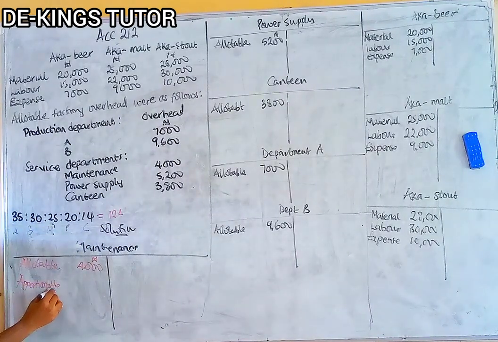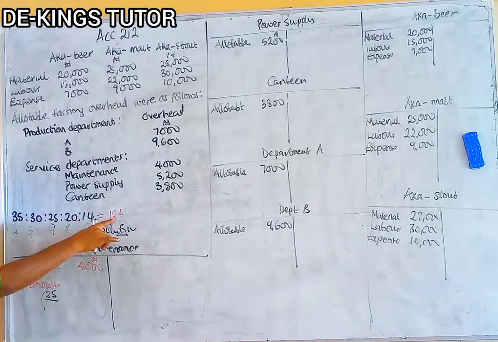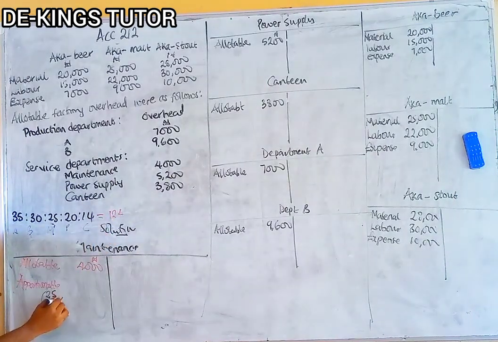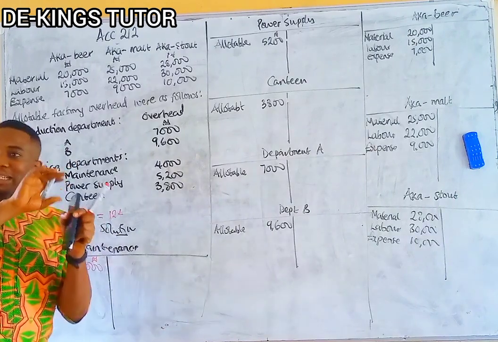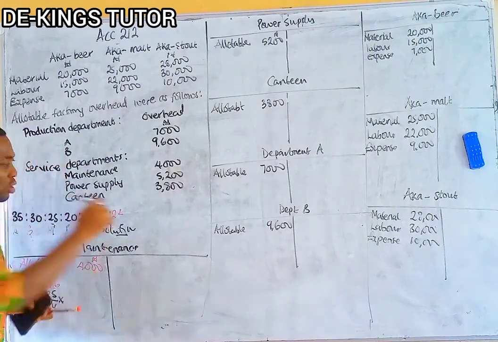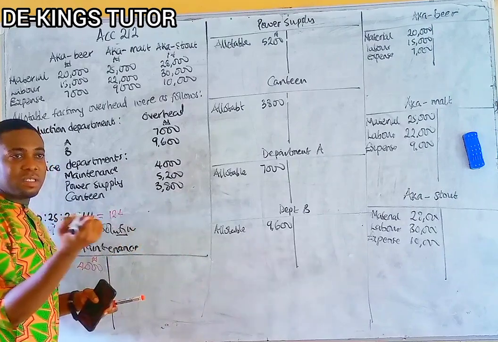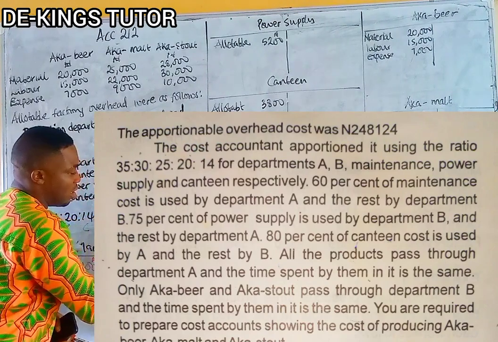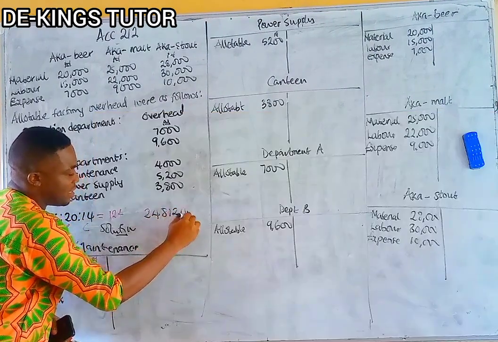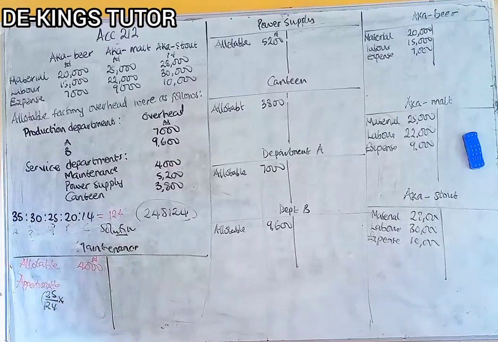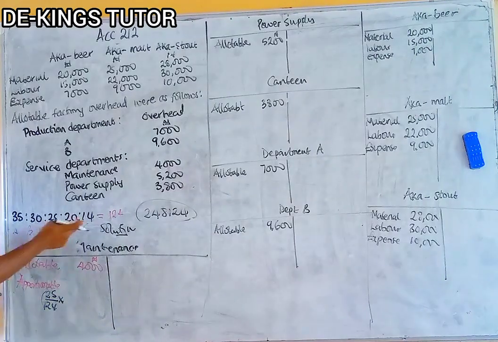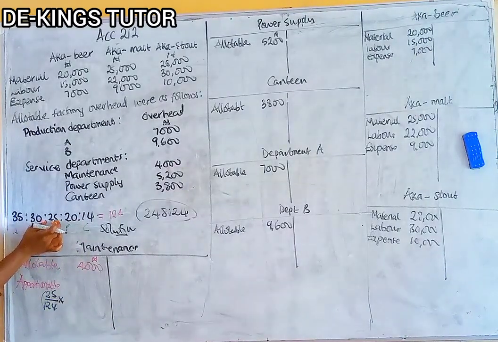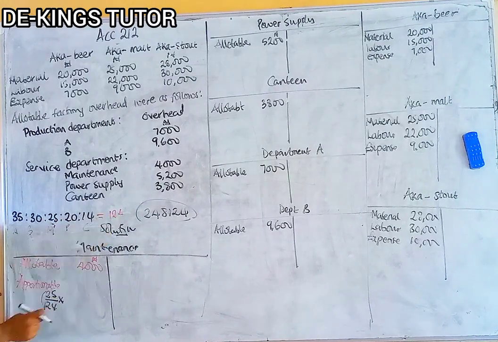So it is 25 over the total, which is 124, times the total value of that apportionable cost, which is 248,124. This is the total amount that is supposed to be shared. They give us this rate. So for maintenance, we are using 25 over the total times this amount, 248,124.